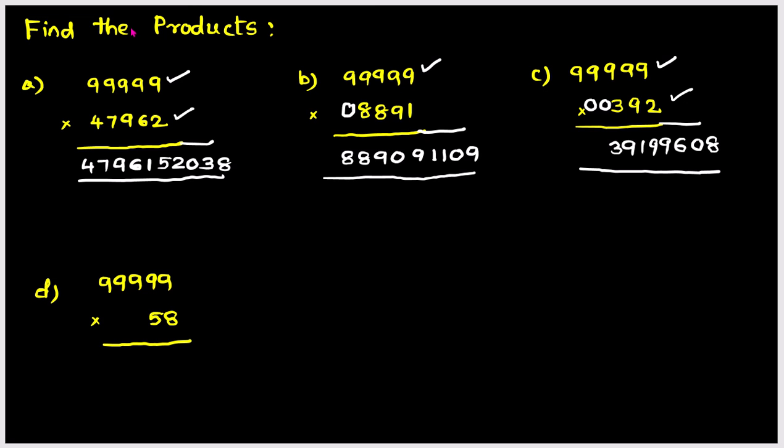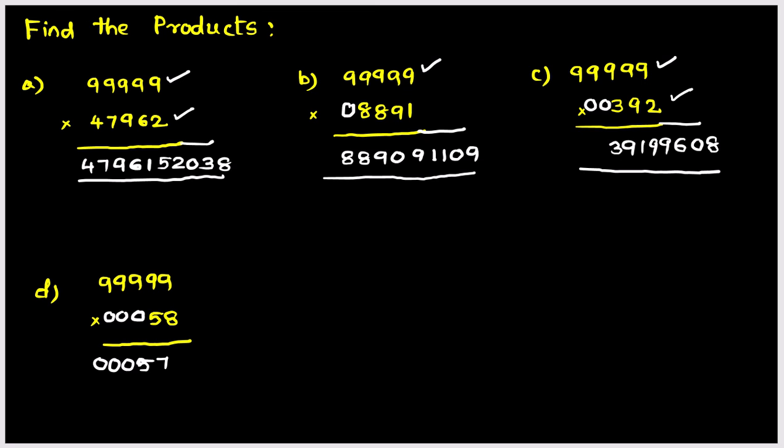Similarly, if 2 digits are there, then also you can apply the same method. Here 3 zeros we are writing so that the number of digits in both numbers is equal. So here first what we need to do? From 58, if you subtract 1, you get 57.